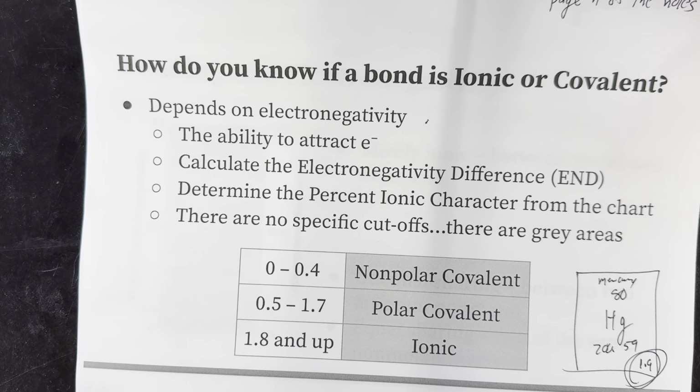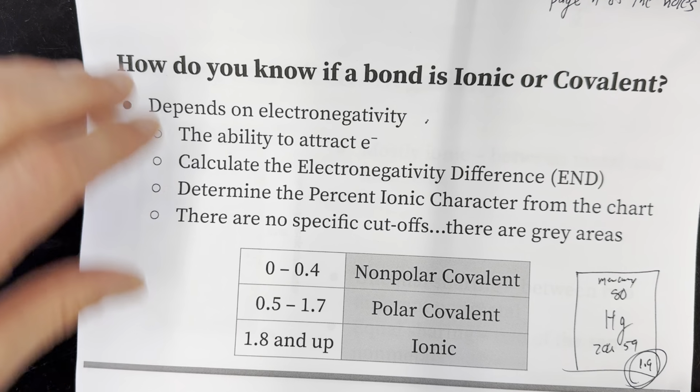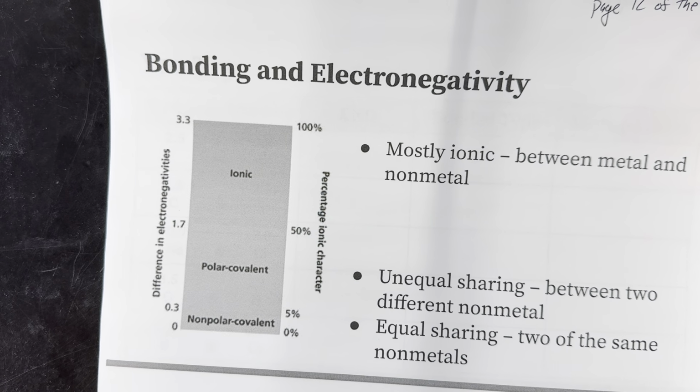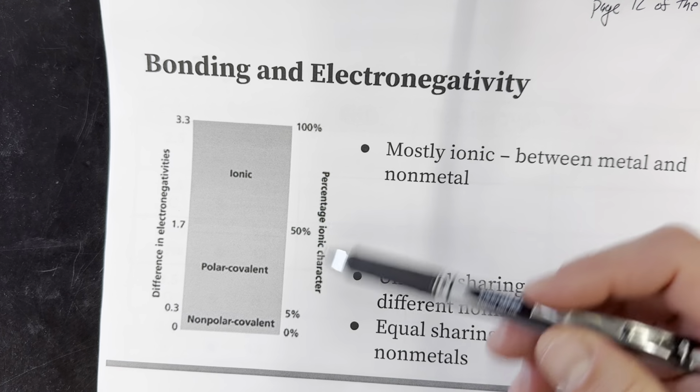But the reality is that there are cutoffs that distinguish between whether a bond is ionic or covalent, and it's based on how much the electron is being shared versus transferred. So the way that we look at it is this chart here. In the notes, on the Google slide deck, this is colored a little bit differently.